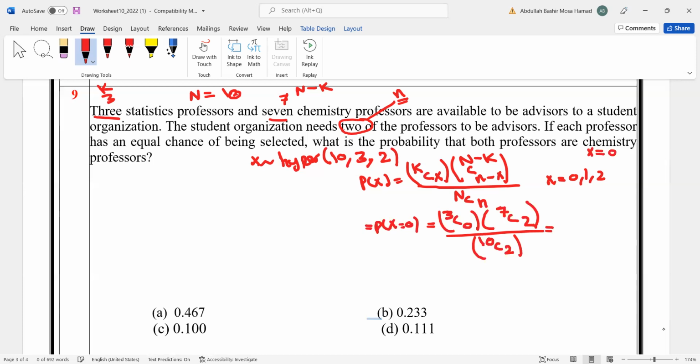So 3 C 0 is 1, 7 C 2 is 7 times 6, 42, over 2 is 21, and 10 C 2 is 10 times 9 over 2, which is 45. So this is 0.466, which is this one. Clear?